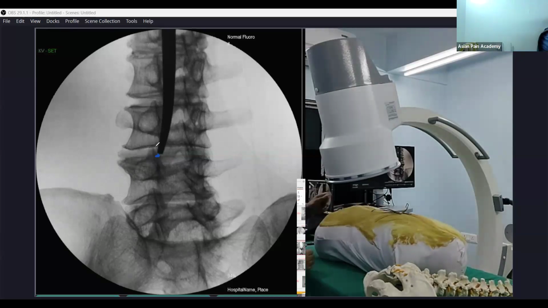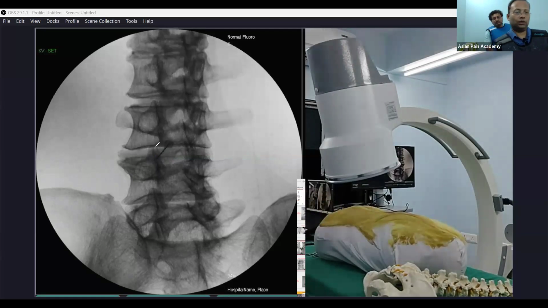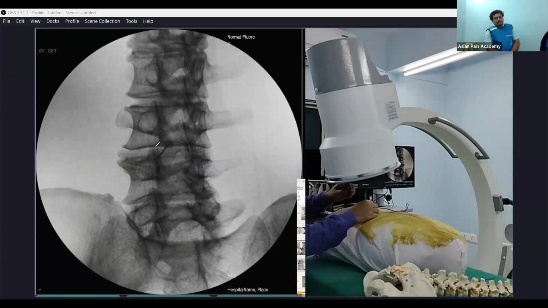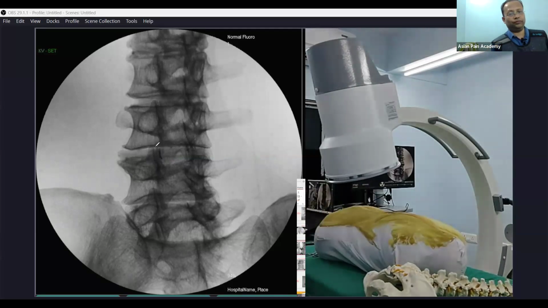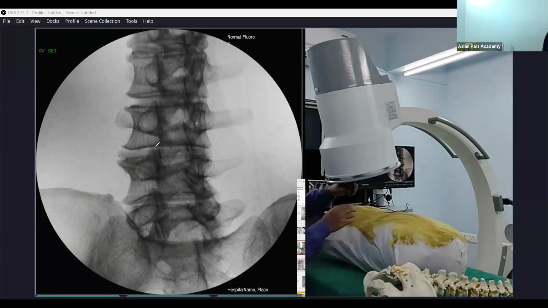Okay, so just at the tip, if I want to go in the L34, I'm just going a bit laterally. I will go a bit medially and show. So I've gone too much medial.